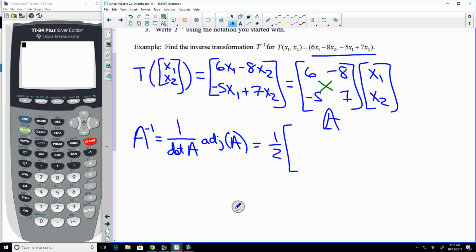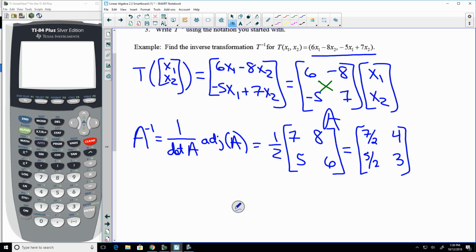And then the adjoint is the matrix where we switch the main diagonal of A, and we flip the signs of the off diagonal. I think sometimes it's called the minor diagonal or something like that. So this is 7/2, 4, 5/2, 3. That's the inverse.